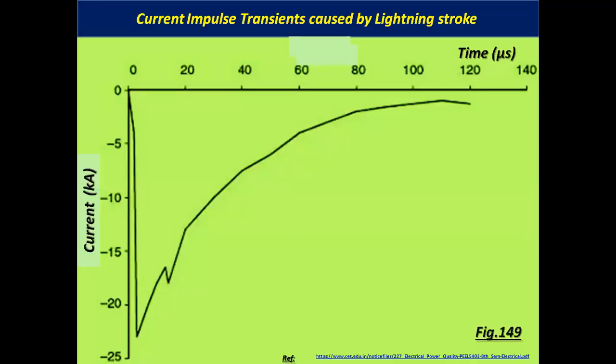See the diagram: current impulse transients caused by lightning stroke.